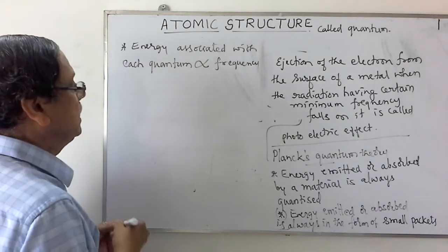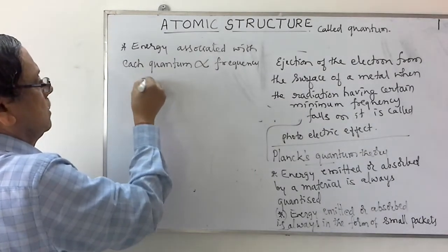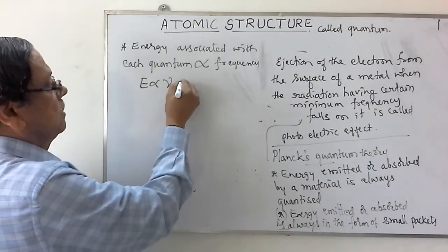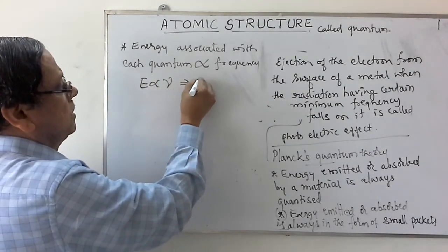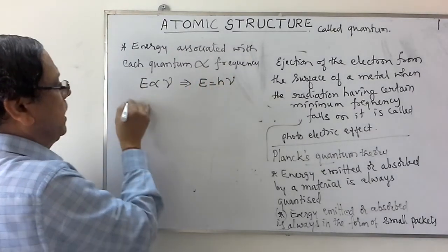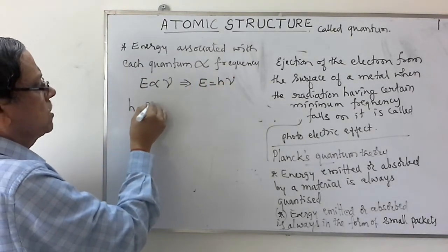That is, E is directly proportional to nu. We can write this as E is equal to h nu, where h is called Planck's constant.